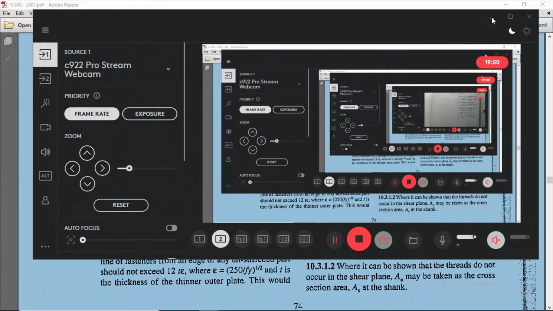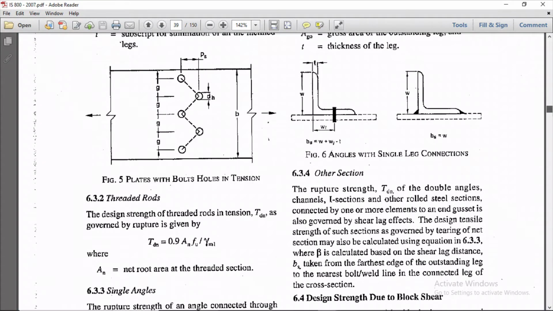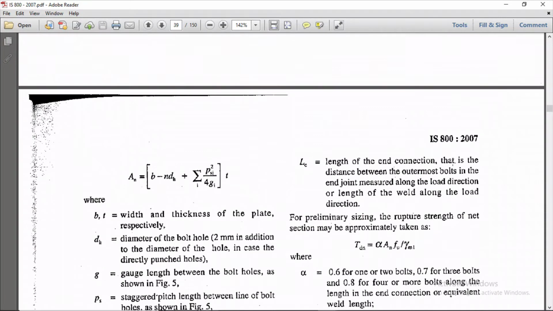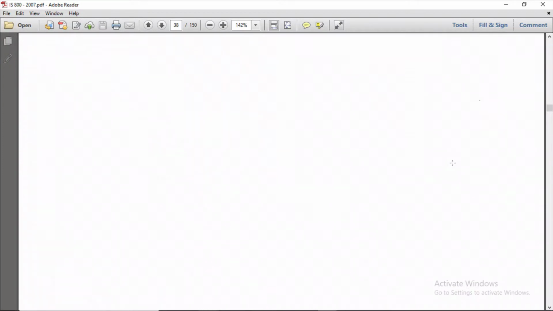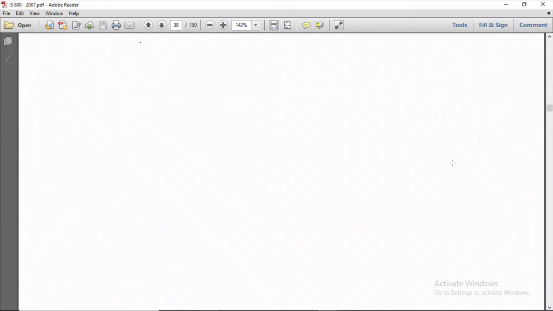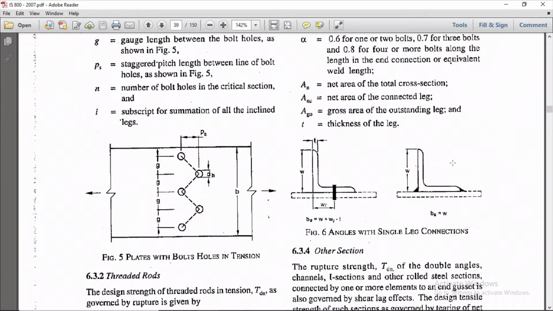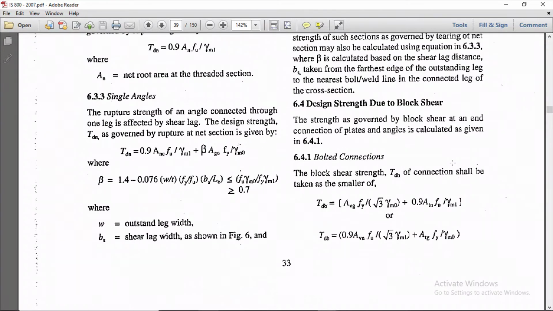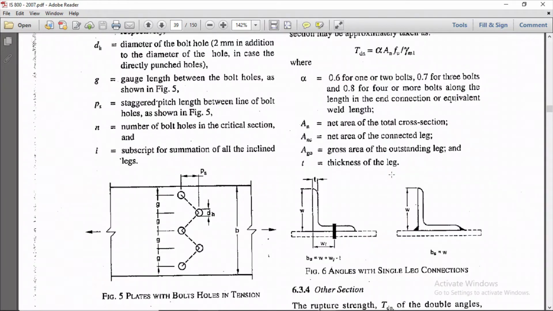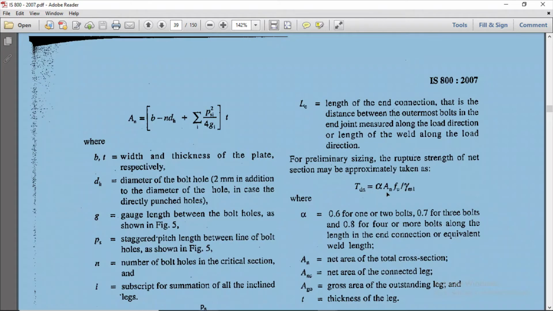Page number 33. The clause number, right? Here is the formula, right? T_dn is equal to alpha_n into An into Fu divided by gamma_m1.